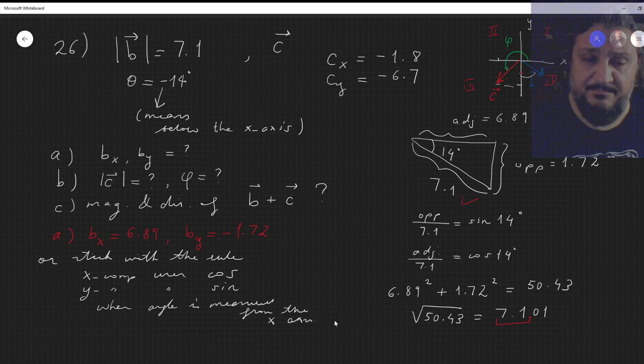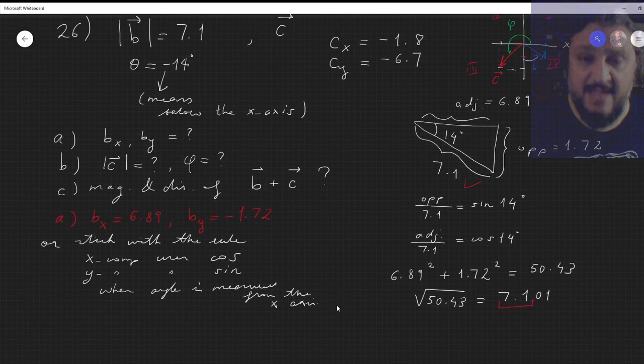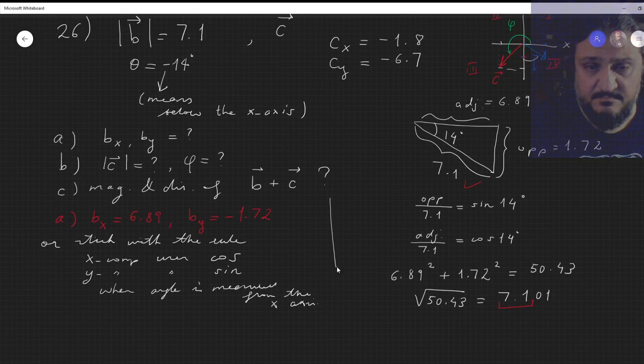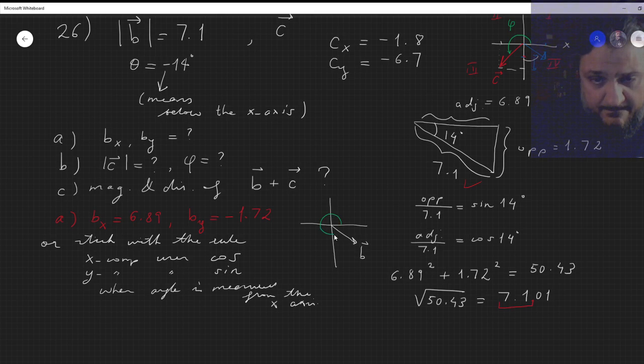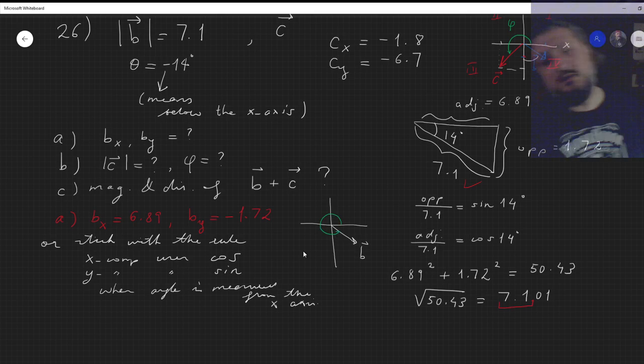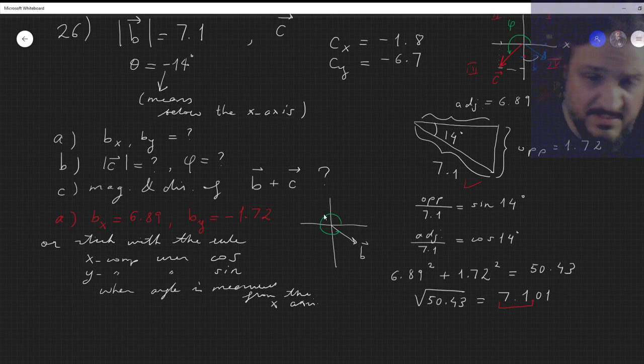Now, if you know the angle from the x-axis, and in this case my B is this way, by an angle measured from the x-axis, I mean this. If you know what that is, you can just use it. Take the cosine of that, multiply by B, and you get the x component.